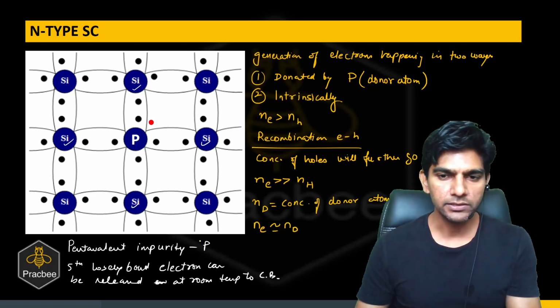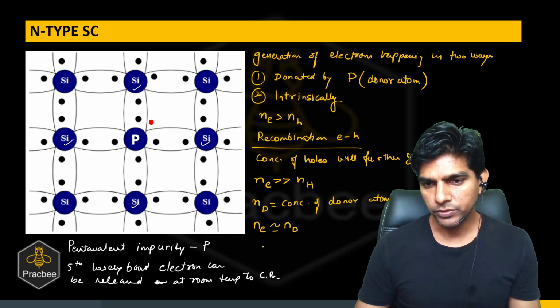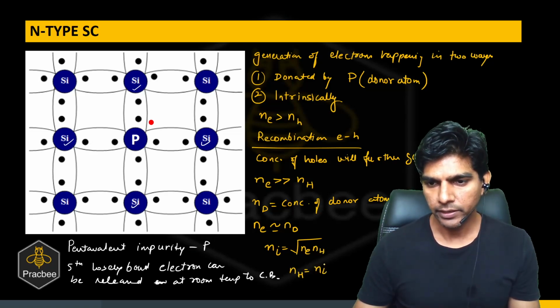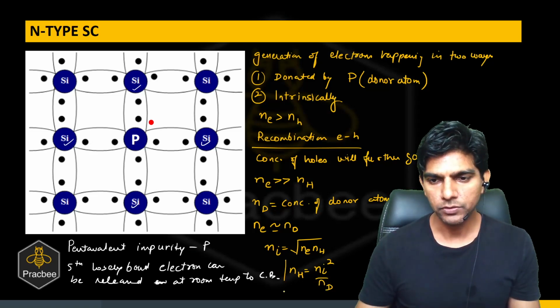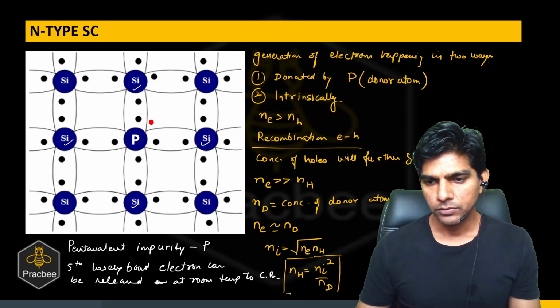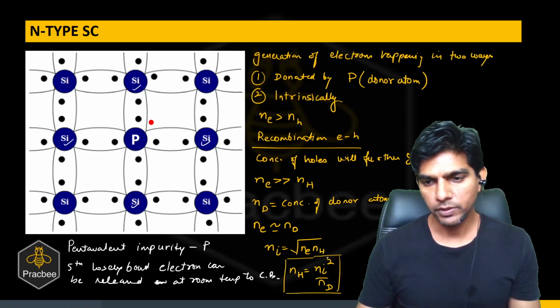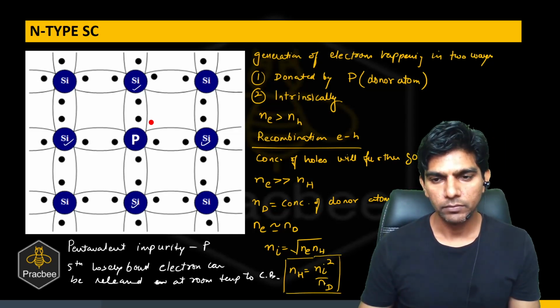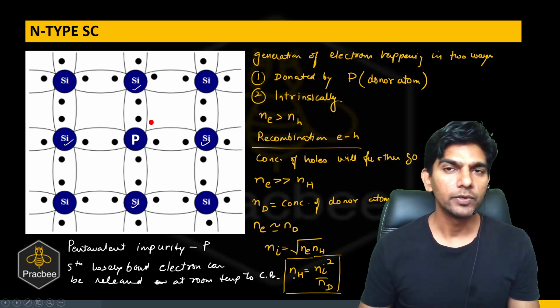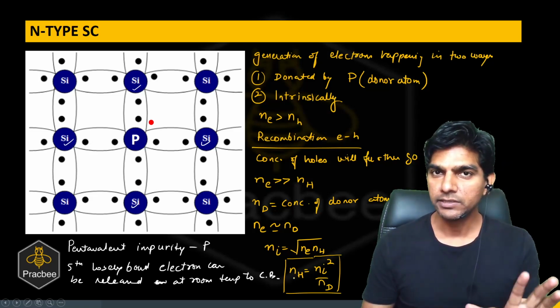If Ne is nearly equal to Nd, then to find the concentration of holes we can use the formula Ni equals root of Ne times NH. So NH will be Ni square divided by Nd, because Ne is nearly equal to Nd. So we should remember this. Usually, what type of question can be asked? We will be given Ni, we will be given Nd, and we have to find the concentration of holes. I think this concept is clear.